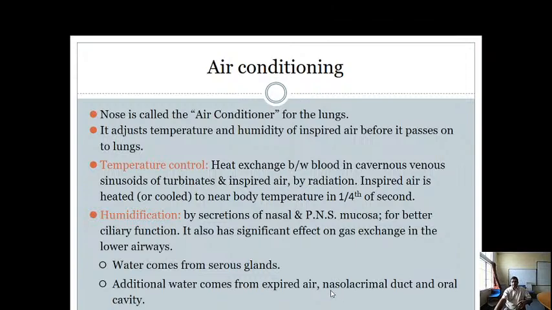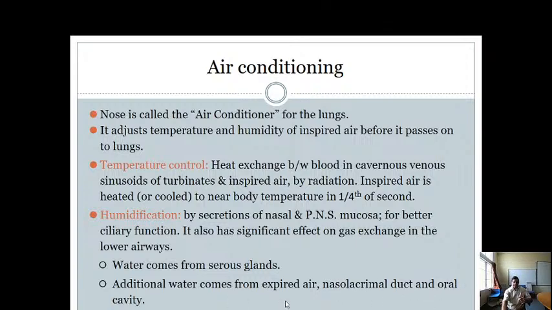And the third one is the nasolacrimal duct, where there is a continuous secretion of tears which are drained into the inferior meatus via the nasolacrimal apparatus and the nasolacrimal duct.